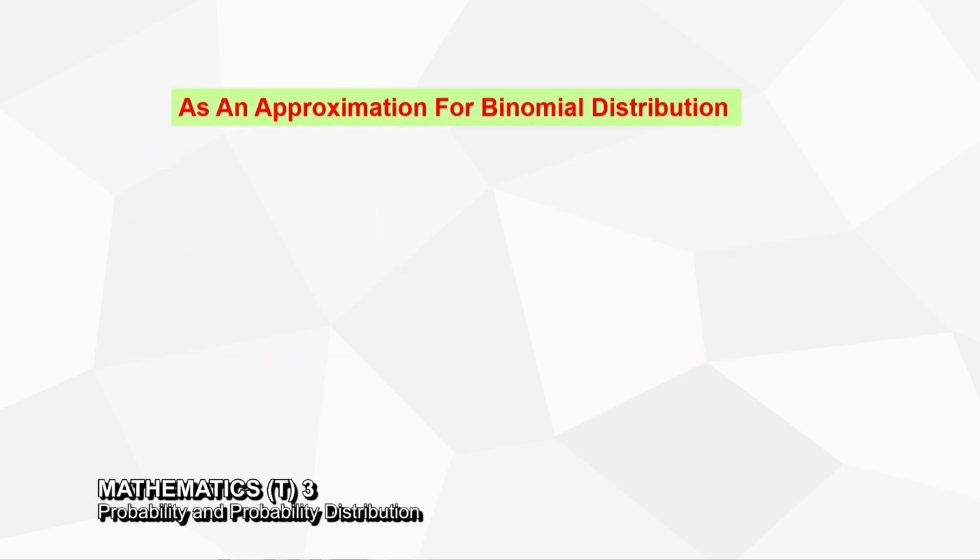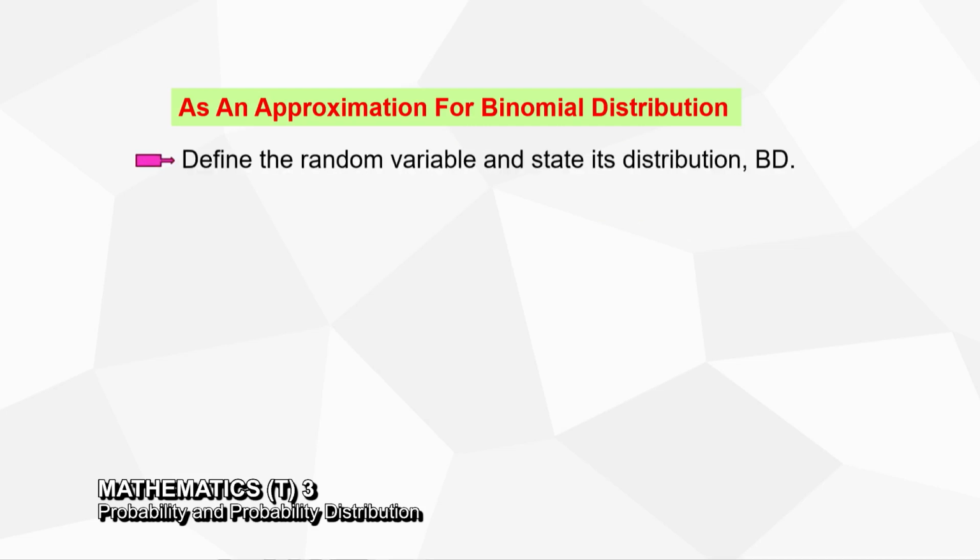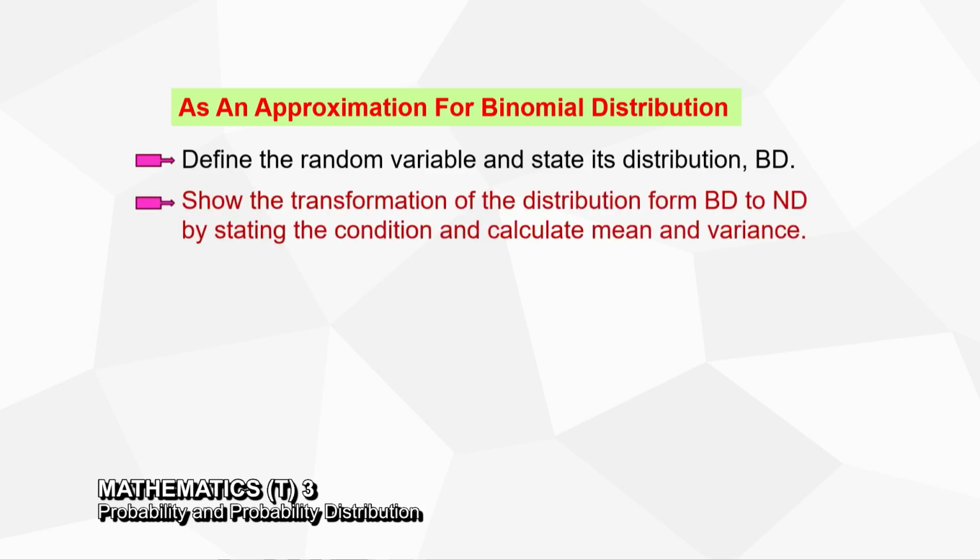In the next part of this chapter, we will use an approximation for binomial distribution. That means we will use normal distribution as an approximation for binomial distribution. Almost identical to just now, but slightly different. So first, we have to define the binomial distribution. Next part, we have to show the transformation of the distribution.